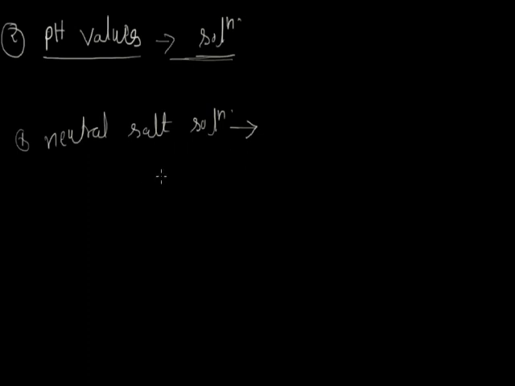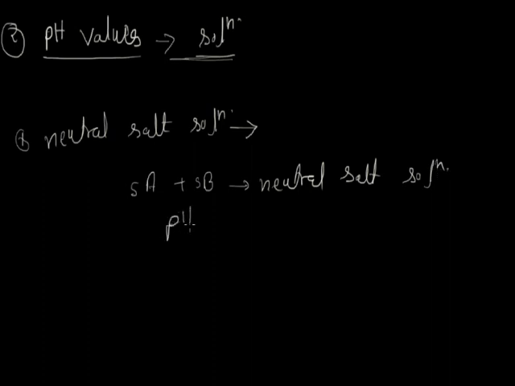If the salt solution has strong acid and strong base, then it is termed as neutral salt solution. The pH of this type of solution will be 7.